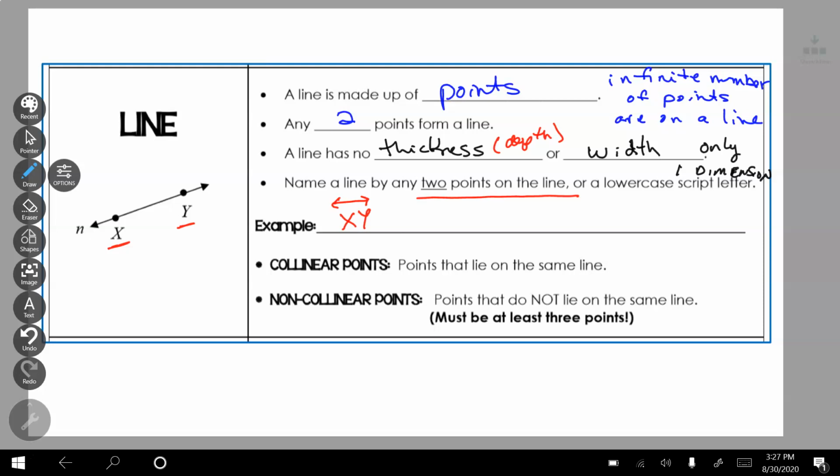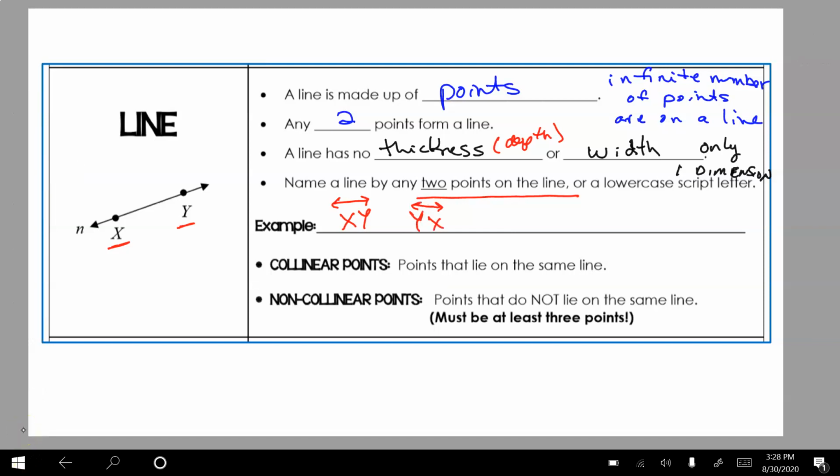The order doesn't matter when you do a line because I could call it YX. When I talked about notation, it is important to recognize that when I put XY with that special notation on top, the line notation with the arrows pointing in both directions, or YX with the line on top with the arrows pointing in both directions, this means it is a line that goes on forever.